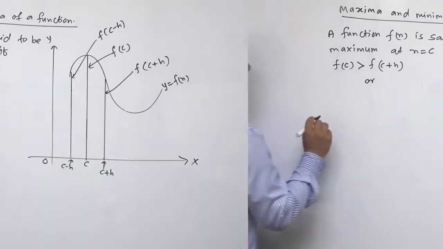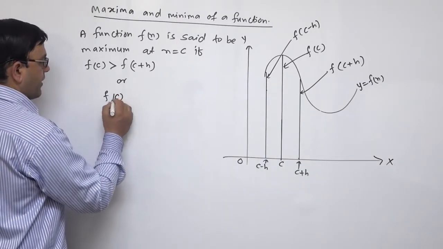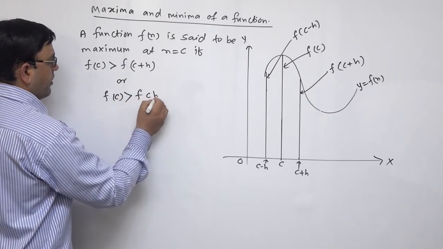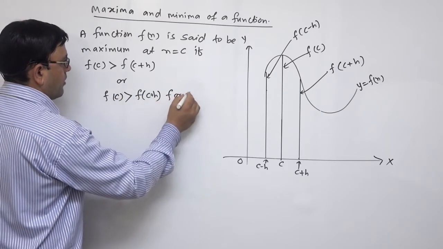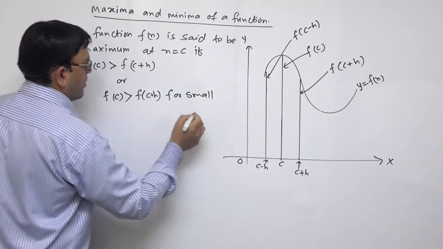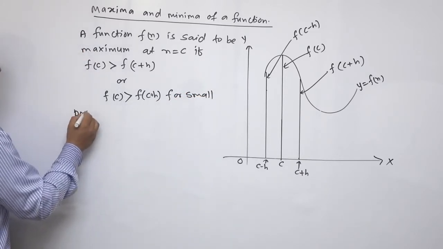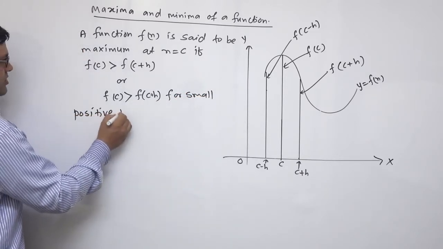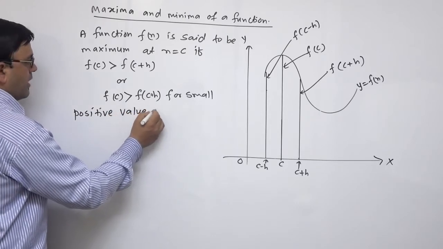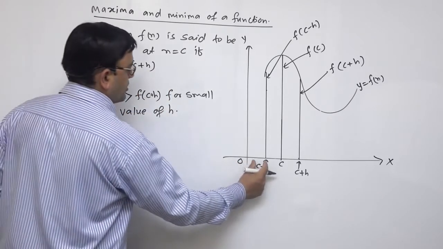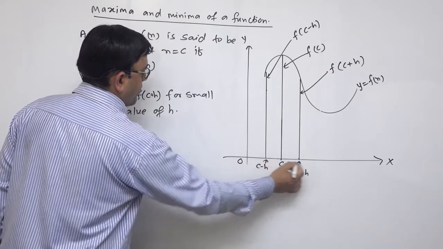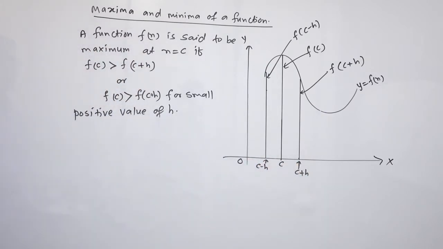Or we can write f(c) greater than f(c plus h) for small positive value of h. Here is a very small positive value of h. See its difference, there is a difference of h.